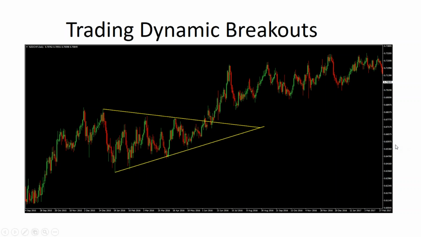So again, the method that we use for trading these patterns is exactly the same as we use for all of our breakouts. We simply enter on a candle close, and we either put our stop on the other side of the pattern or we put it behind the last high or low. And then we're simply looking to target a minimum of 2 times our risk. And again, one of the great things about triangles is that they tend to precede very volatile moves in the market, very explosive initial moves.